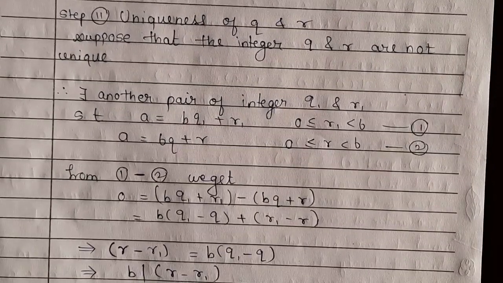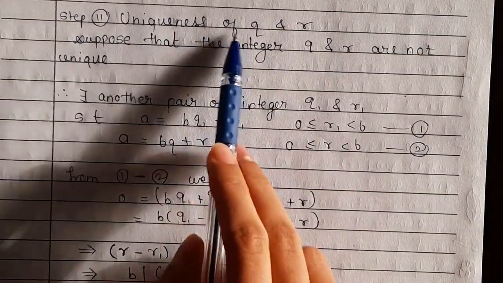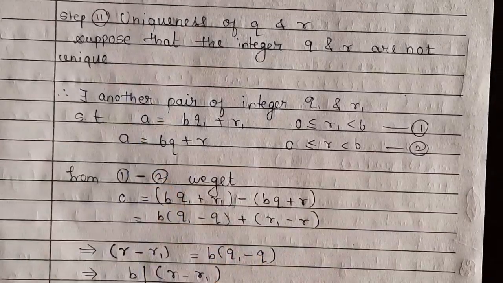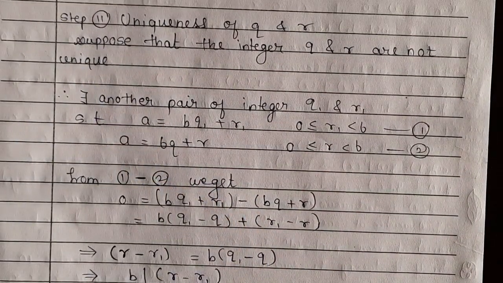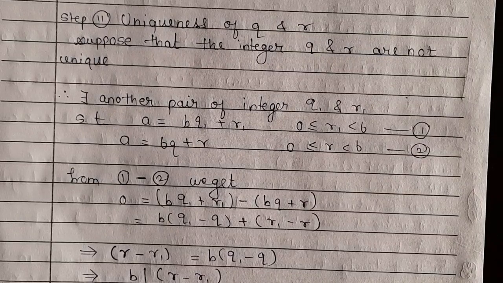Now step 2 is the uniqueness of q and r. We have to prove q and r are unique. We prove this step by using contradiction.